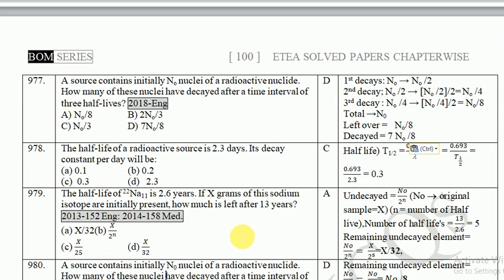So the half-life of a radioactive source is 2.3 days. The decay constant per day will be?